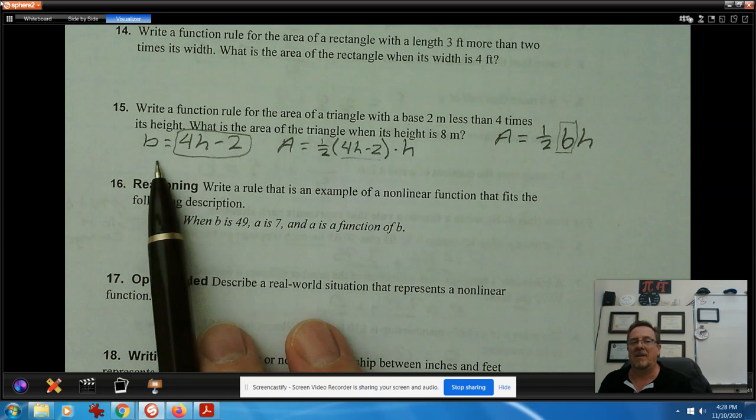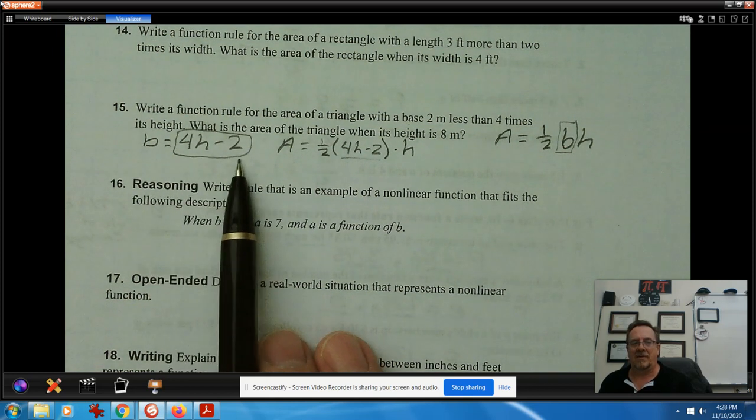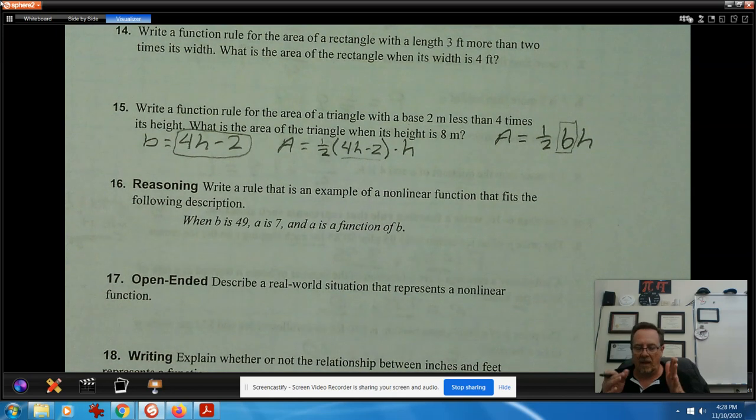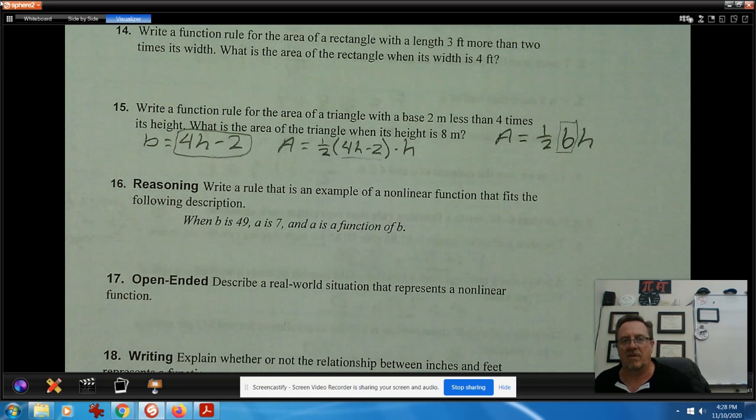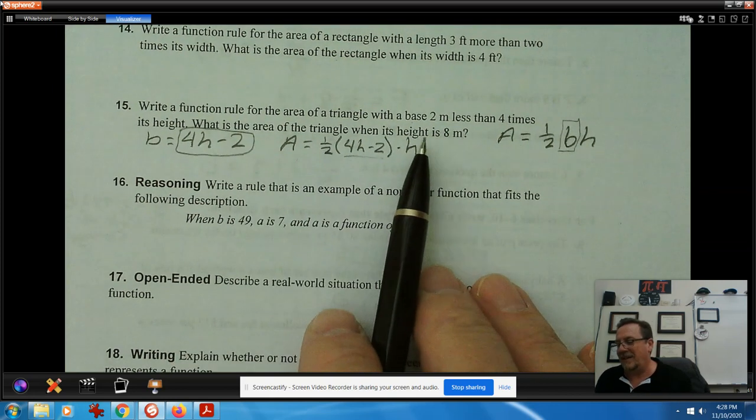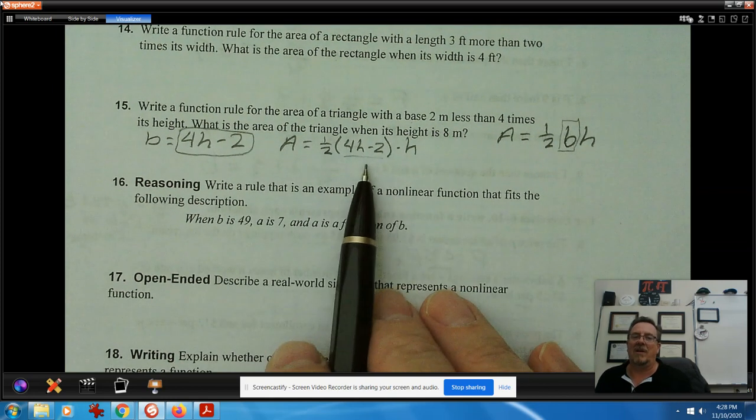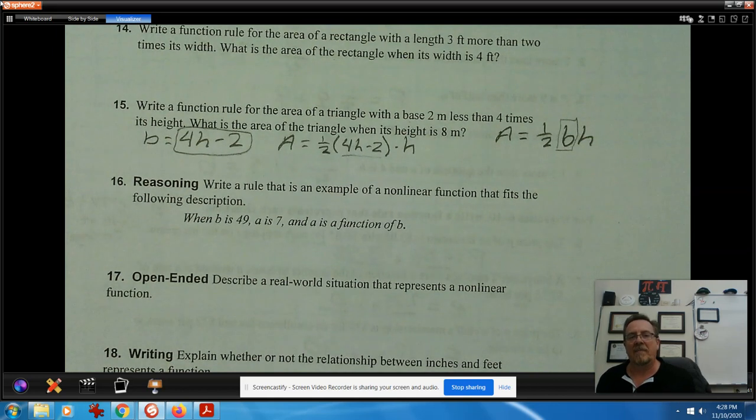Why? Well, because b is this, and so anywhere I see a b, I can replace it with 4h minus 2. That allows me to solve the problem, because it tells me what the height is, even though I don't know what the base is directly.